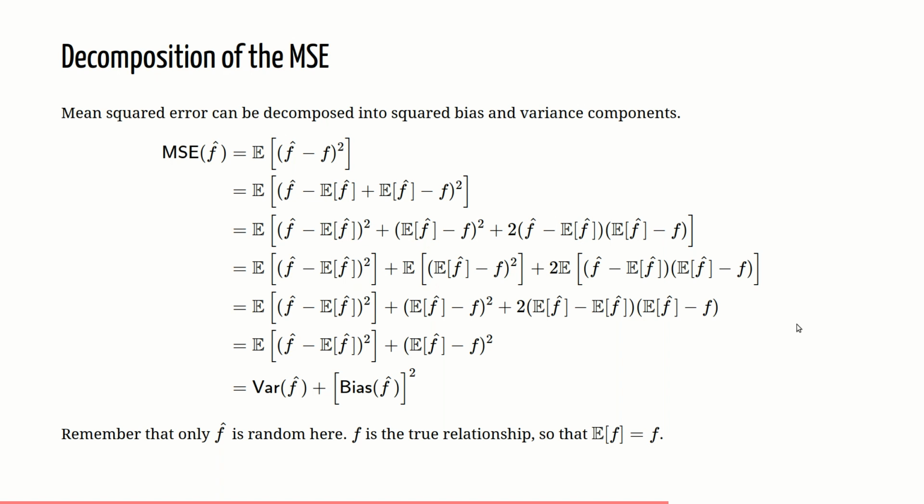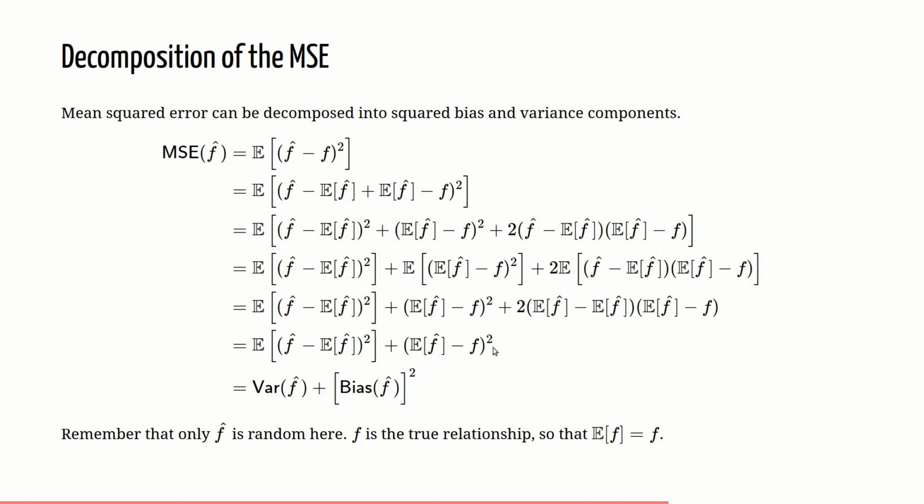Okay, we'll see the same trick when we decompose the Euclidean distance squared thing when we look at the k-means clustering process. So the mean square error turns out to decompose directly into these two terms. And if you look at these two terms, this here is the bias squared. So you remember the bias was just the expected value of f hat minus f, just the difference between our predicted value on average and the true value.